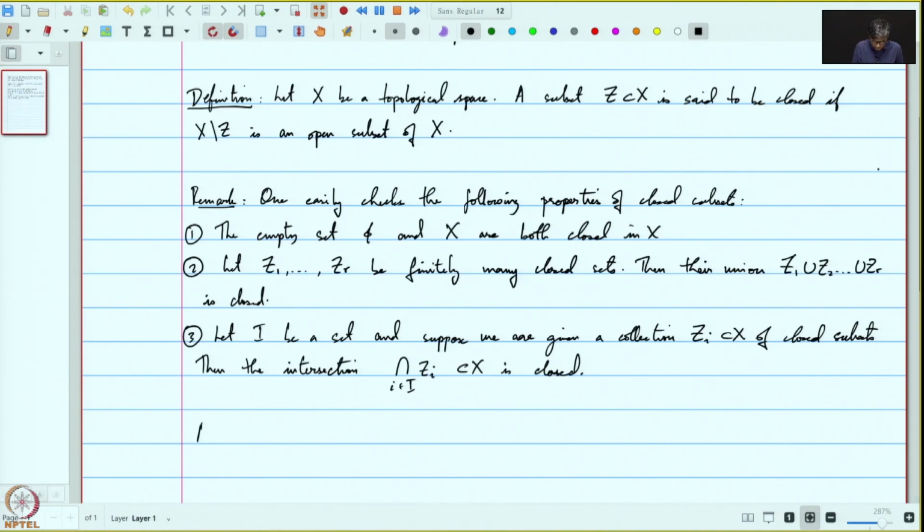And all the above properties follow from the analogous properties for open subsets, from the respective properties of open subsets.